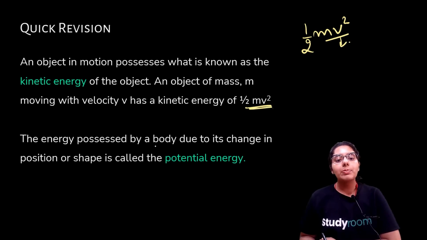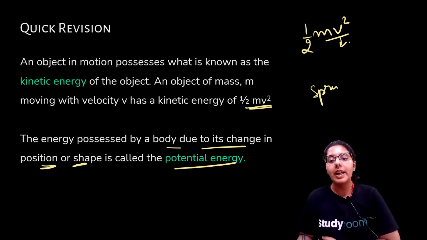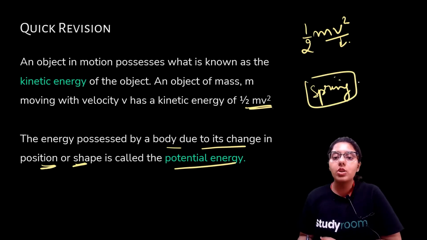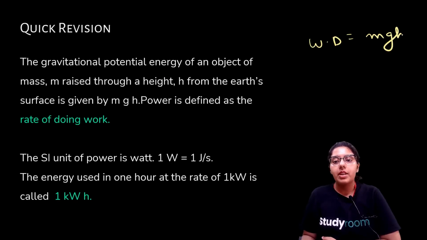The energy possessed by an object due to its change in position or shape is called potential energy. If we talk about a spring, what kind of energy is stored in it? Potential energy, right? The gravitational potential energy of an object of mass m raised through a height h from the earth is equal to mgh, right?